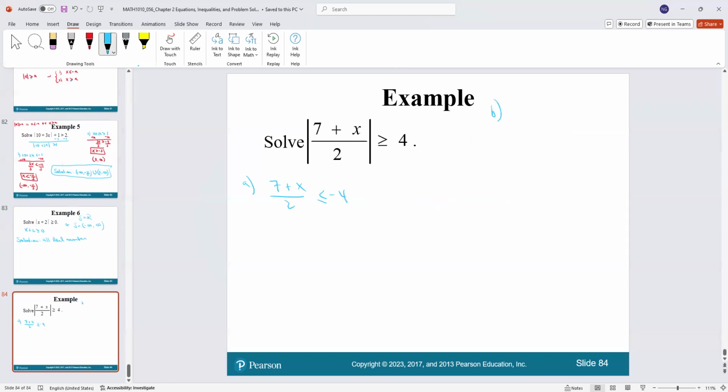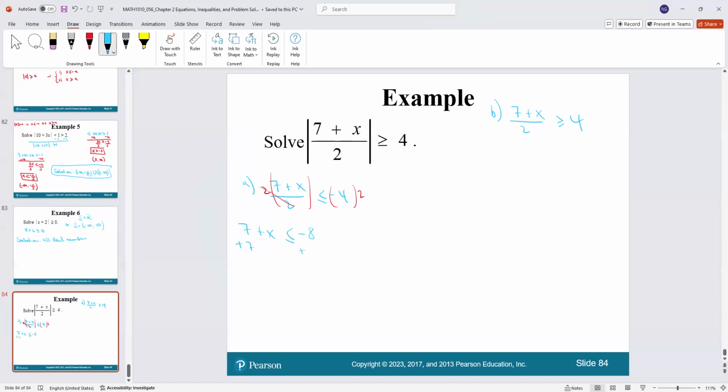And for b on this side, we have (7 plus x) over 2 greater than or equal to 4. So two inequalities to solve. On the left, we definitely need to get rid of the denominator by multiplying both sides by 2. If you cancel the 2, we're going to have 7 plus x less than or equal to negative 8.